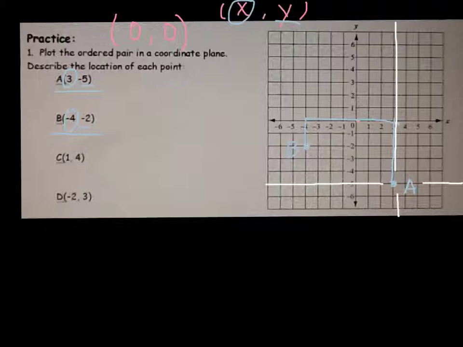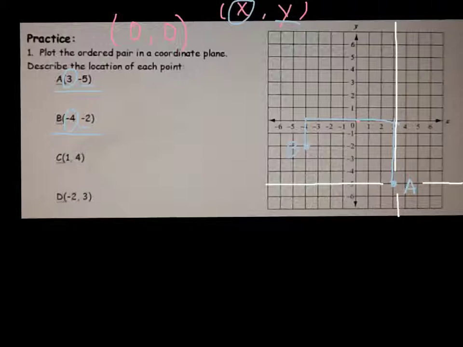Now I want to go back because I did not describe these points. What it means to describe the location of these points talks about how we go about finding them. So let's start with B and work backwards since we just did B. In order to determine where the point B was located, I first had to go to the left of the origin 4 spots.